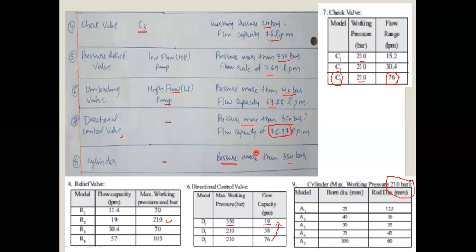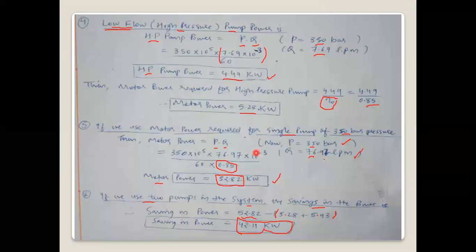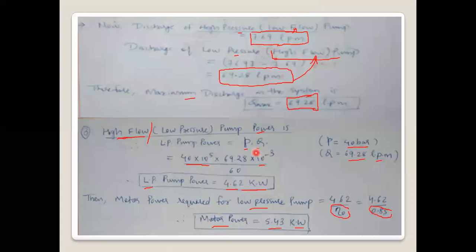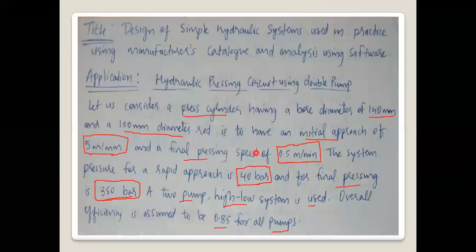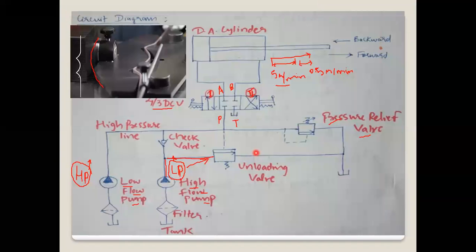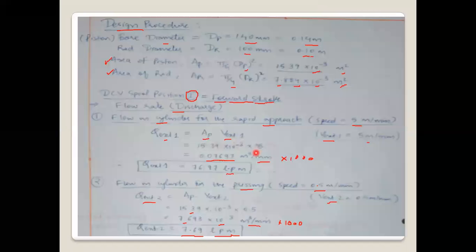In this way we have to do the calculations for the design of a hydraulic system. In this video we have come to know the application of a hydraulic pressing circuit using a double pump circuit, then the circuit diagram of the double pump circuit for pressing.